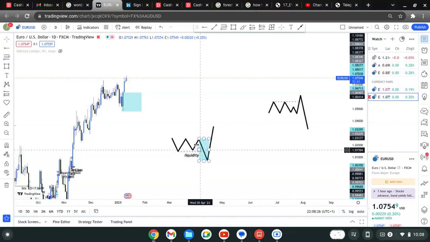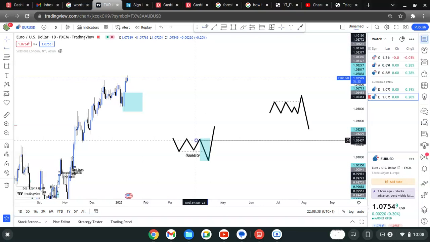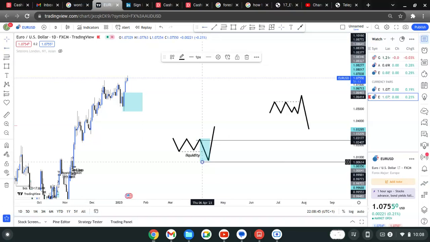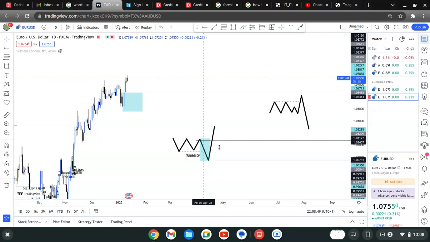So I was saying the last down move before the up move, this space left here is the demand zone.